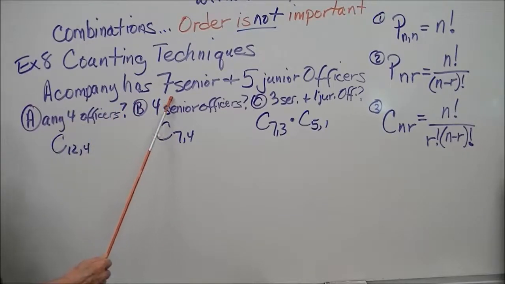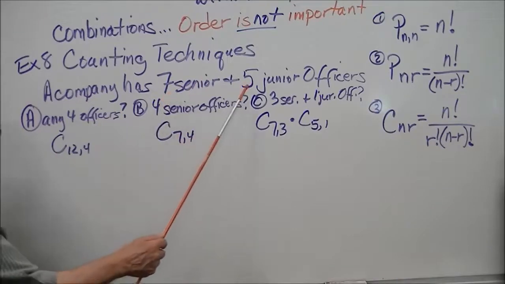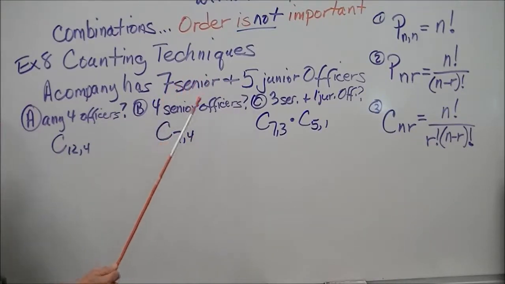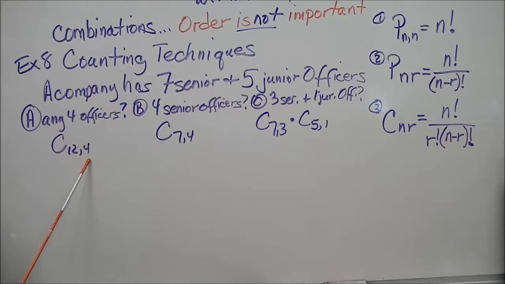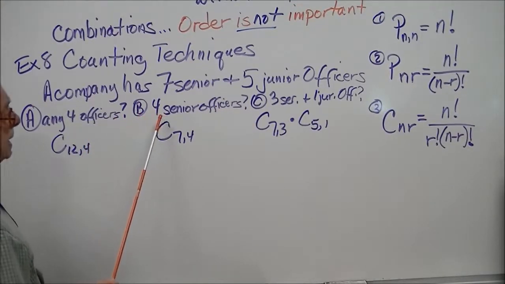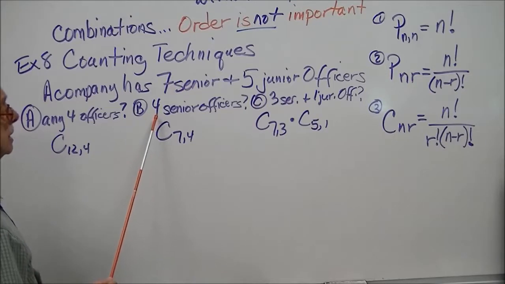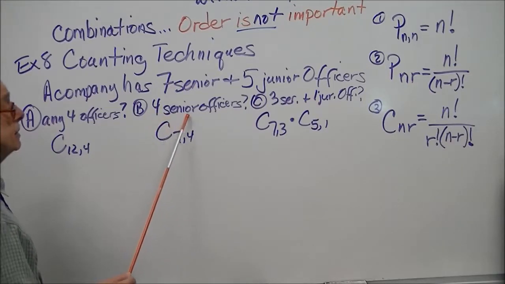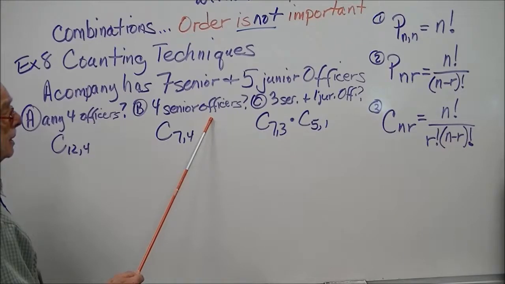So our group that we can select from are 7 and 5, which gives us a total of 12, and we want to select 4. Now in part B, they're saying they want to select 4 senior officers.